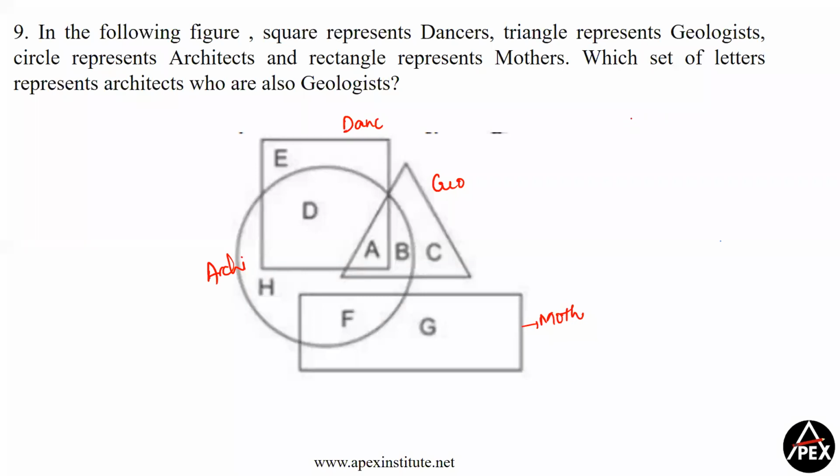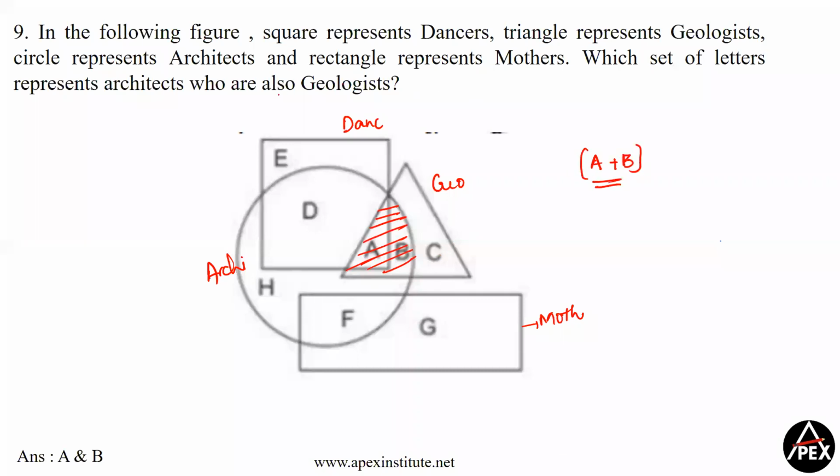So we need to find the region common between architects and geologists, isn't it? So common region between circle and triangle. So A and B. Can these architects and geologists be dancers? Yes, they can be. So the answer for this question should be both A and B.